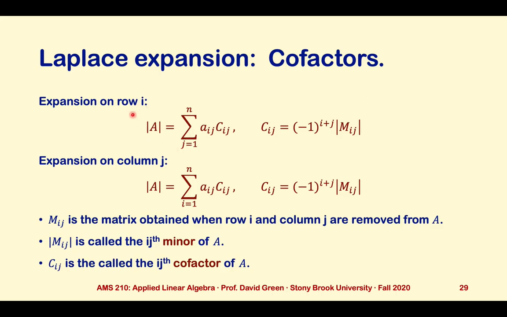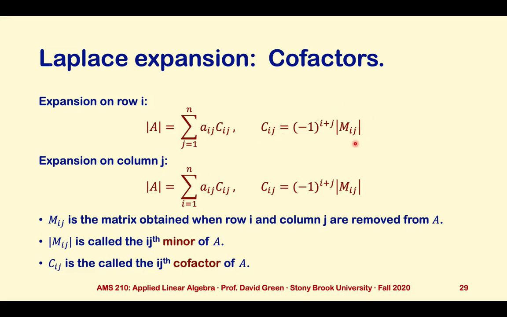The determinant of a matrix A is a sum over all of the columns of the matrix, where each term in the sum involves an element from row I and column J, and a cofactor. We call this Cij the ijth cofactor of A, and it has a definition shown here.